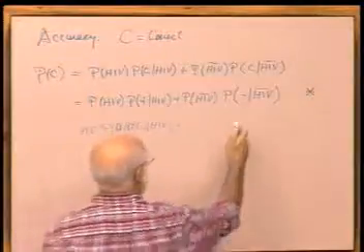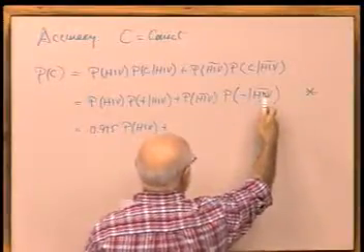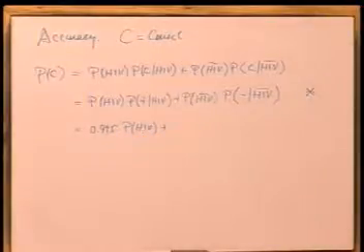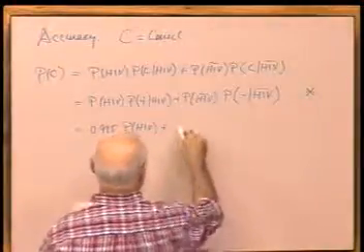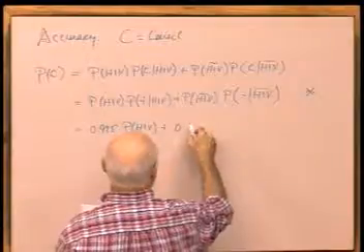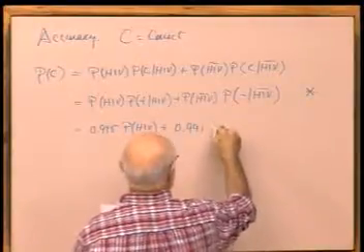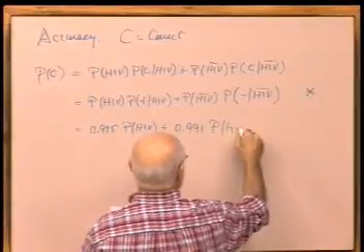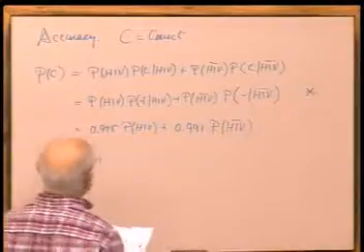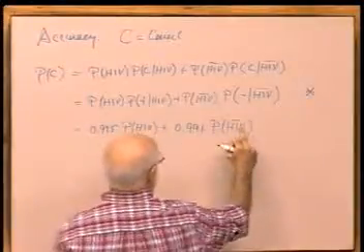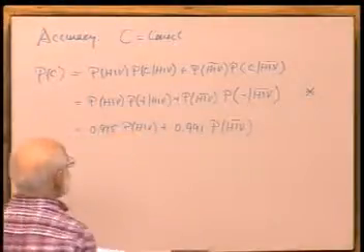Then I have the probability that if I do not have HIV, the test will be correct. The probability that it will be wrong, we know, is 0.009. So this, therefore, is 1 minus that, or 0.991. And so this is multiplied by the probability of not being infected with HIV. So that is that, and that is that.